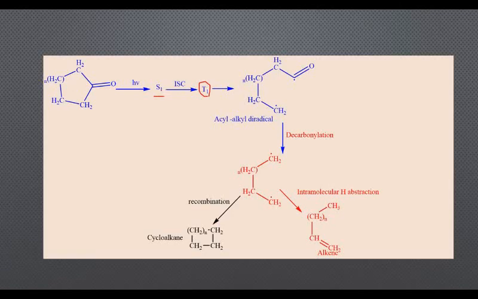And after decarbonylation, as we have discussed that it is the major process, there are two possibilities: either a recombination to form a cycloalkane or the intramolecular hydrogen abstraction to form an alkene, as shown here.